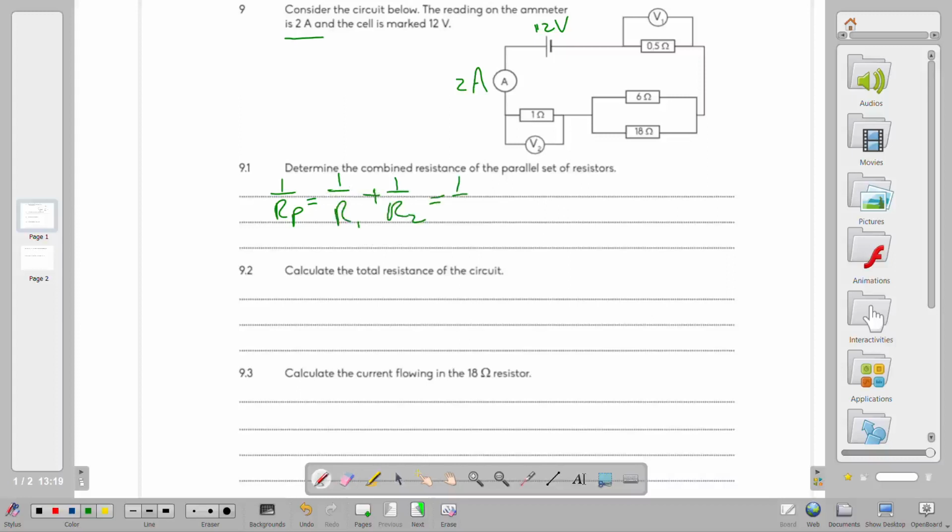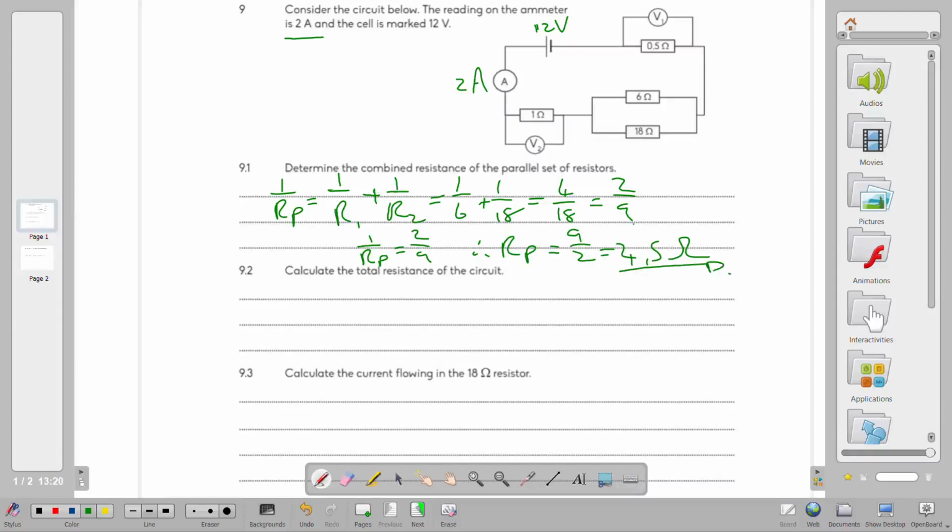So 1 over 6 plus 1 over 18 gives me 4 over 18, right? Which is the same as 2 over 9. But remember, I'm just going to rewrite it. 1 over Rp is 2 over 9. We flip those two around, and then my parallel resistor is 9 over 2, which is 4,5 ohm.